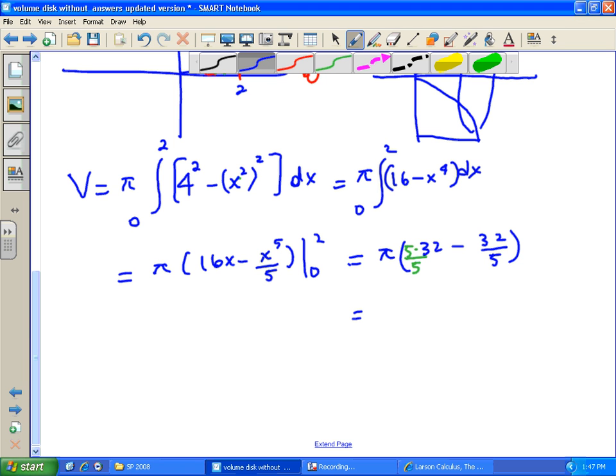And that will give me 5 times 32 minus 1 times 32, which is 4 times 32 over 5. So I'm getting pi times 128 over 5. In other words, 128 over 5 pi.